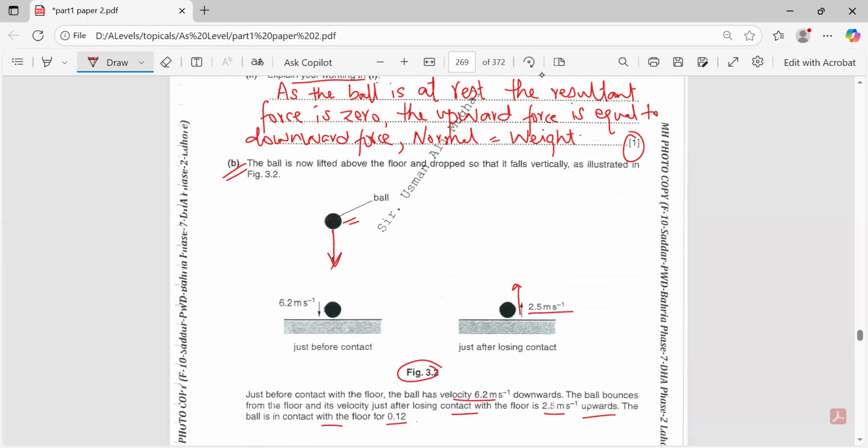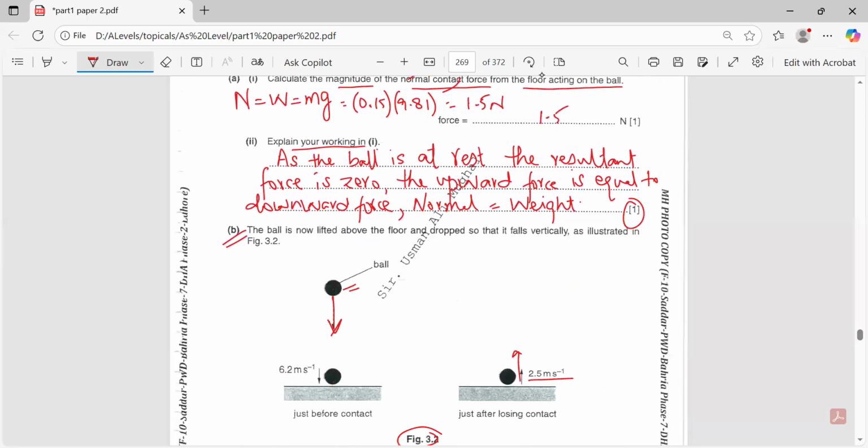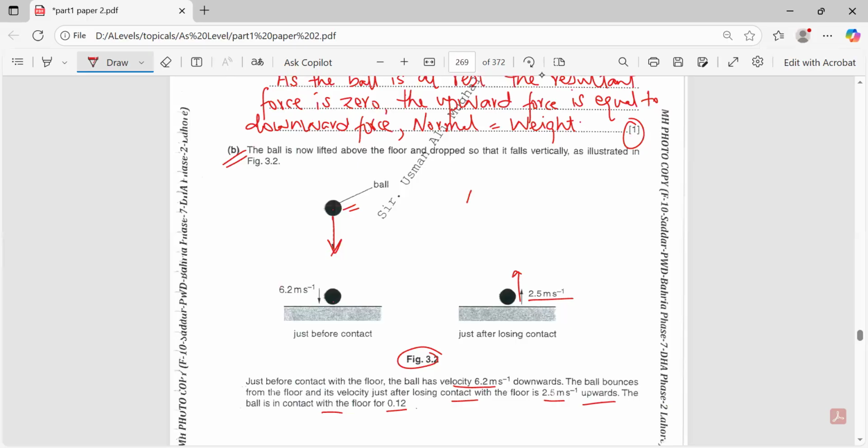We are given the mass. This is 0.15 kg. So how will delta P be found? When it is moving downward, let's say it is positive. When it is moving upward, it will be negative. So delta P will be mass into final velocity minus initial velocity.